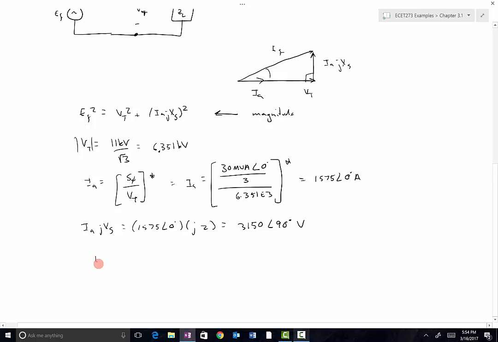So now I can write E_F squared is going to be equal to V_T, which is 6.351 e to the third, squared, plus 315 squared.